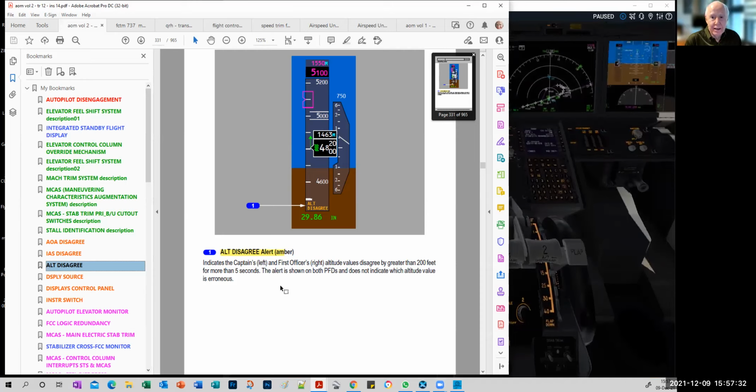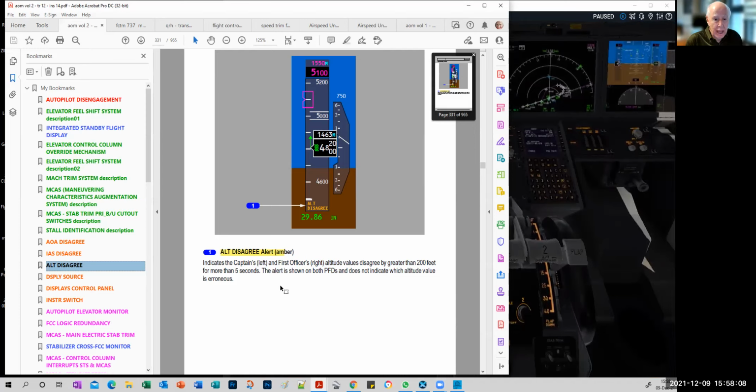Again, you have a standby, integrated standby flight display that we just looked at, that is basically raw data from the aux pitot-static system without going through the ADIRUs, which are computers that take a lot of information and send it to your primary flight displays. So know your systems and know what they mean.